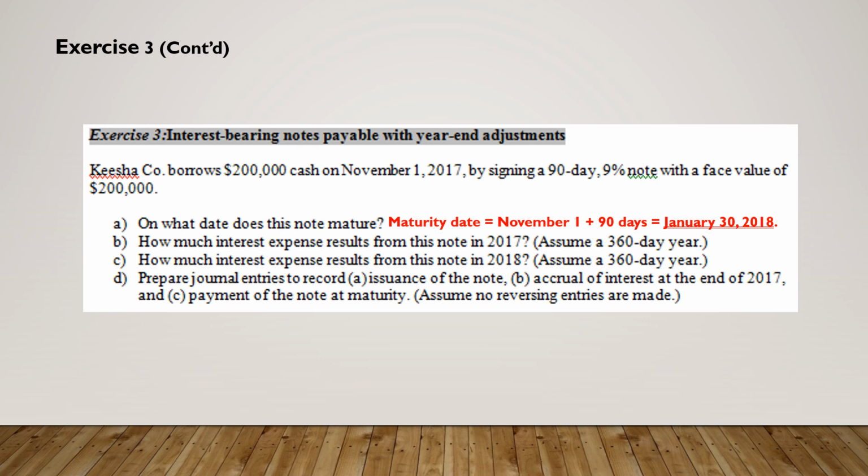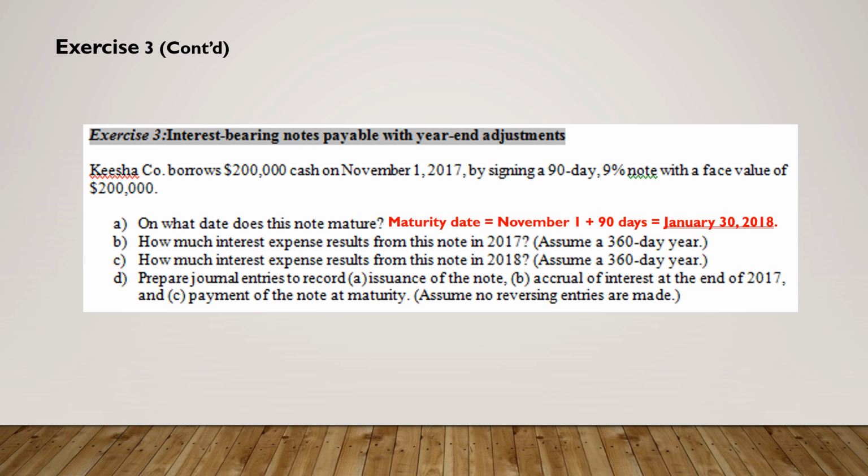However, the duration of the note will not end at the end of 2017. It will end on January 30, 2018, which means that by the end of 2017 I need to make an adjusting entry for the accrual of the interest expense. I already got the benefit from the loan and, for example, used it in a project, so I need to debit the interest expense because I've just got the benefit, the accrued expense.